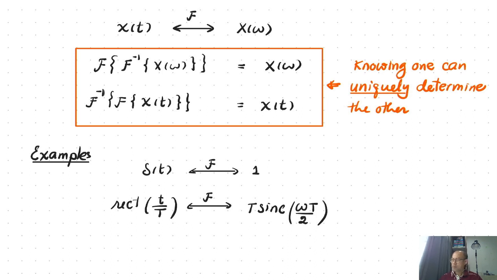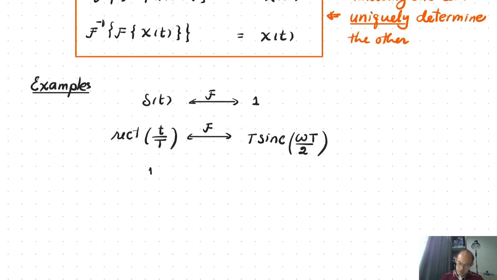We also found that the constant 1 has the Fourier transform pair of 2 pi delta.